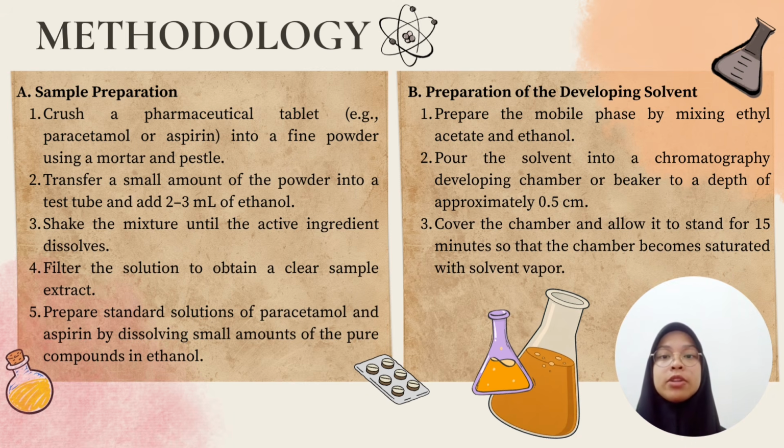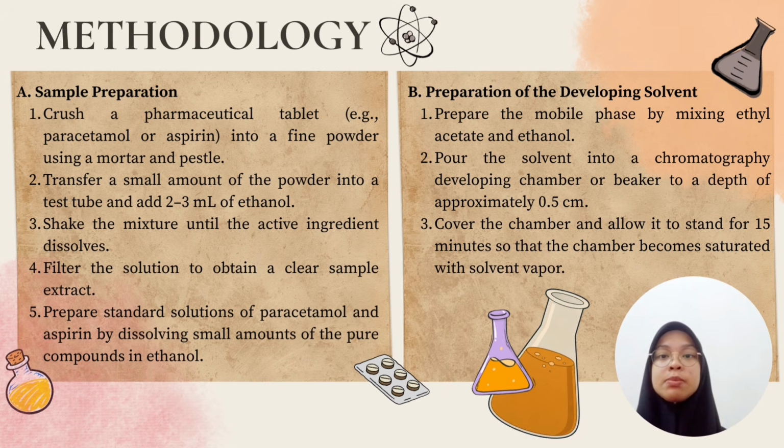A small amount of the powder is then transferred into a test tube and 2 or 3 ml of ethanol is added. The mixture is shaken to dissolve the active ingredient and then filtered to remove insoluble excipients, producing a clear sample extract. Standard solutions of pure paracetamol and aspirin are also prepared separately in ethanol for comparison.